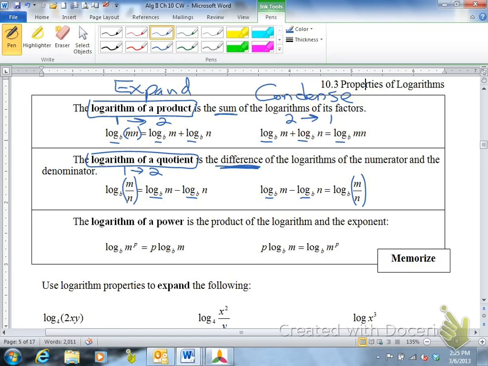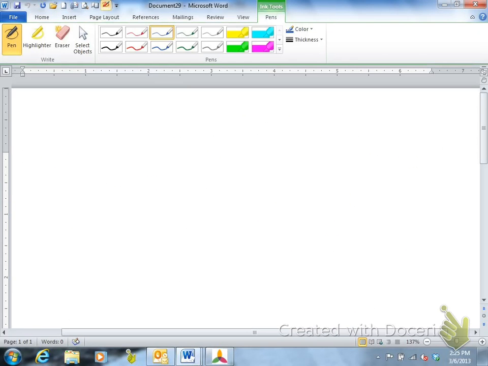These properties are really similar to exponent properties. Since a logarithm is an exponent, if you were multiplying common bases, multiplying becomes addition. So there's a relationship between multiplying and adding with exponents.